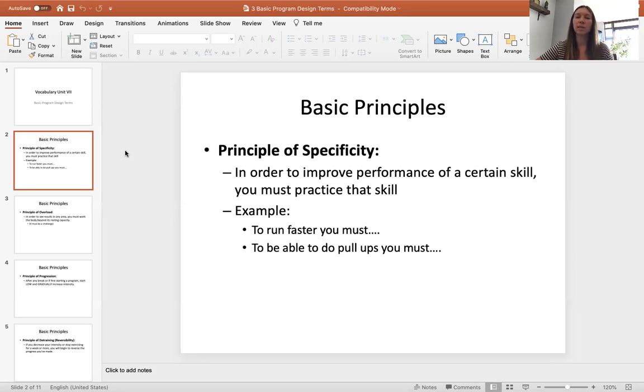So if you look at the examples, it says to run faster, you must, or to be able to do pull-ups, you must. If we put these two together, if I really wanted to run faster, why would I be training my pull-up? This is the principle of specificity.